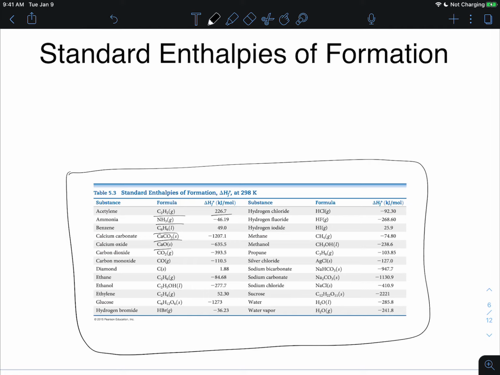Just keep in mind our diatomics, the ones that you guys should have committed to memory: hydrogen, oxygen, nitrogen, fluorine, chlorine, bromine, iodine. Those 7 are all diatomics. The elemental forms are diatomics, so when you use those in standard enthalpies of formation, make sure that you use the diatomics there.